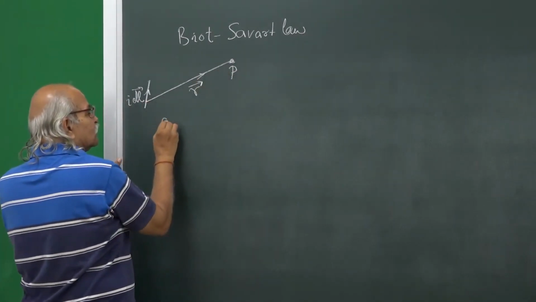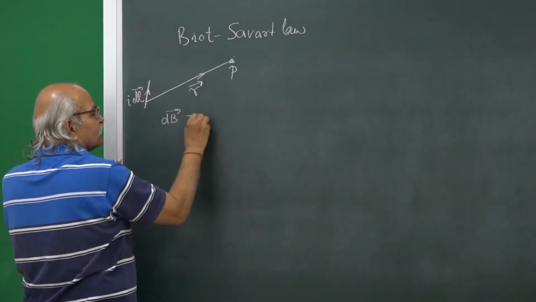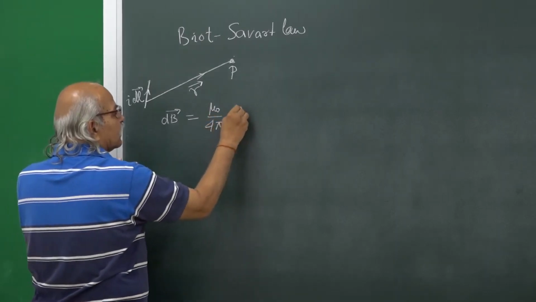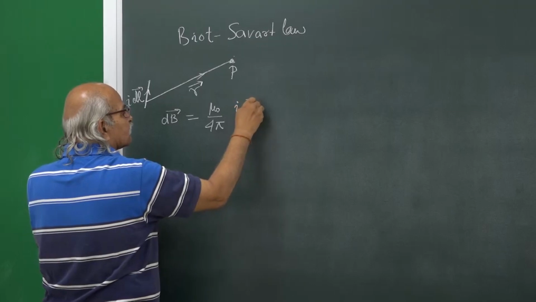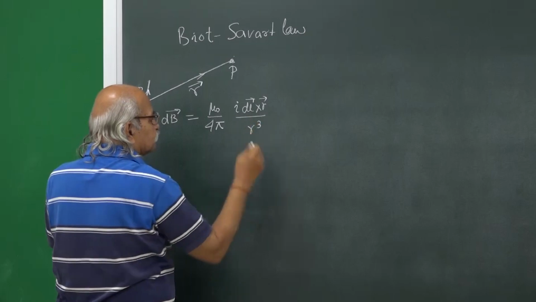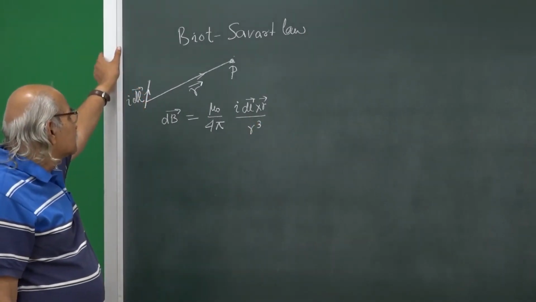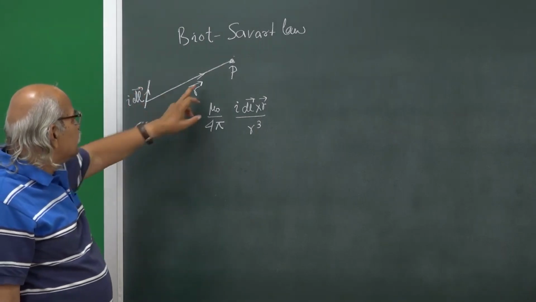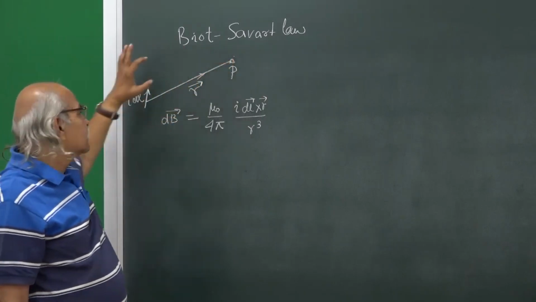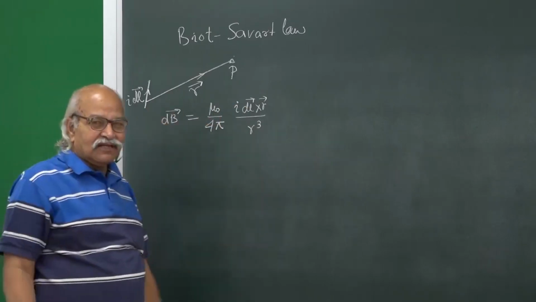Then you say that the magnetic field at this point due to this current element is mu naught by 4 pi, then I dl vector cross r vector divided by r cube. That is what we understand from this Biot-Savart law. It gives me the magnetic field at a point P because of this current element. This you have all done very well.